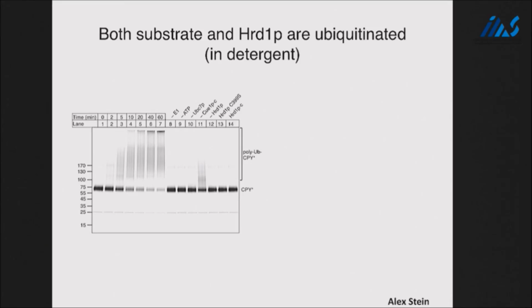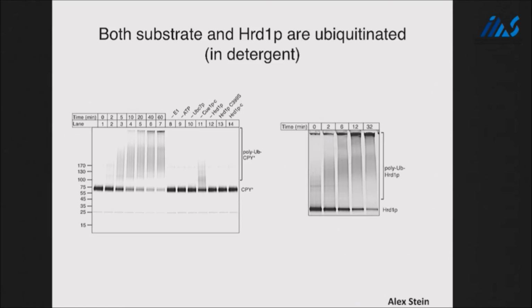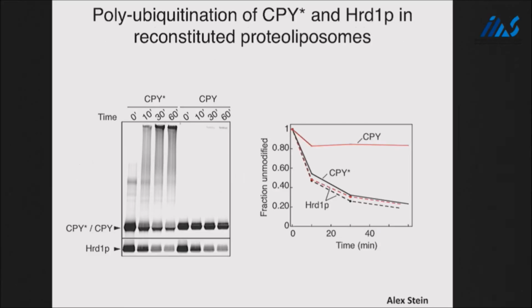Surprisingly, what we found is that HERD1 itself also gets ubiquitinated, and actually it's even more efficiently ubiquitinated. So there's auto-ubiquitination of HERD1 happening in the same system. And this was all in detergent, but we can also take the complex of HERD1 and CPY star and reconstitute it into liposomes. These are artificial vesicles.